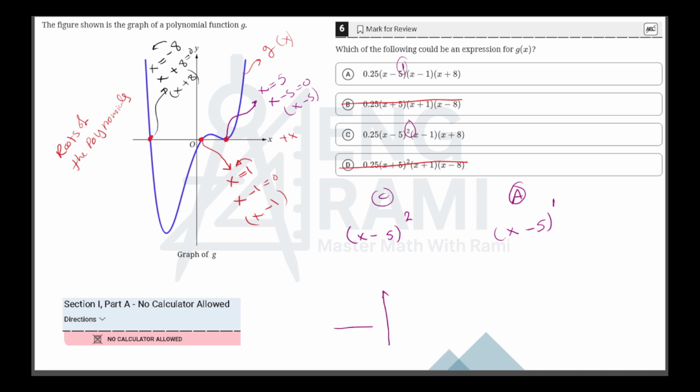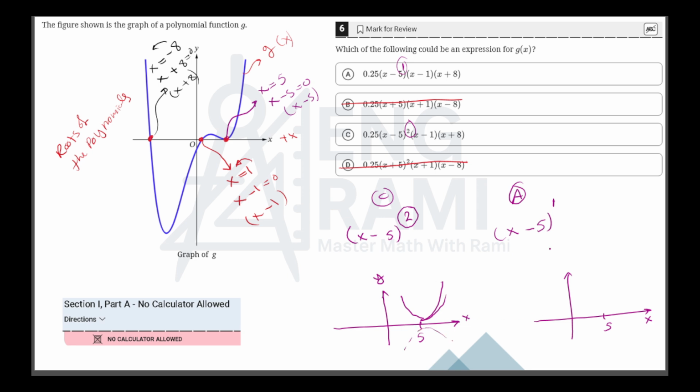Right. If we just write the x and y axes, and we know that here x equals 5, and this is the x-axis. In this choice, if the multiplicity is even, as you can see it's even, then the polynomial will touch the x-axis, going up and down, up or down.